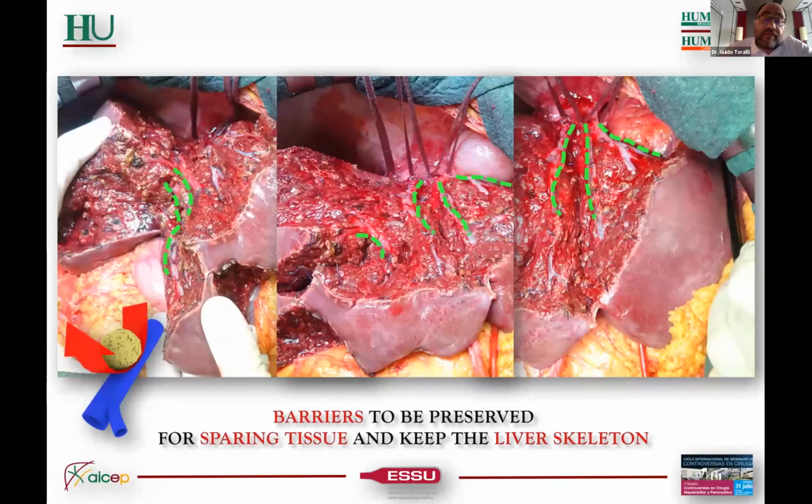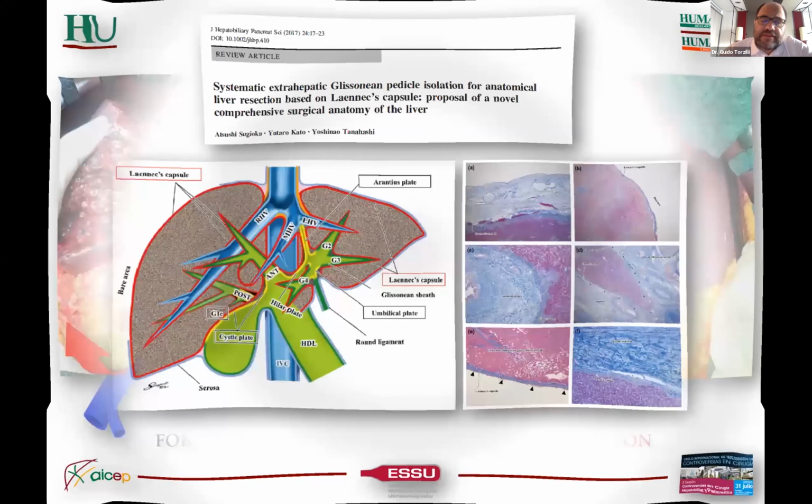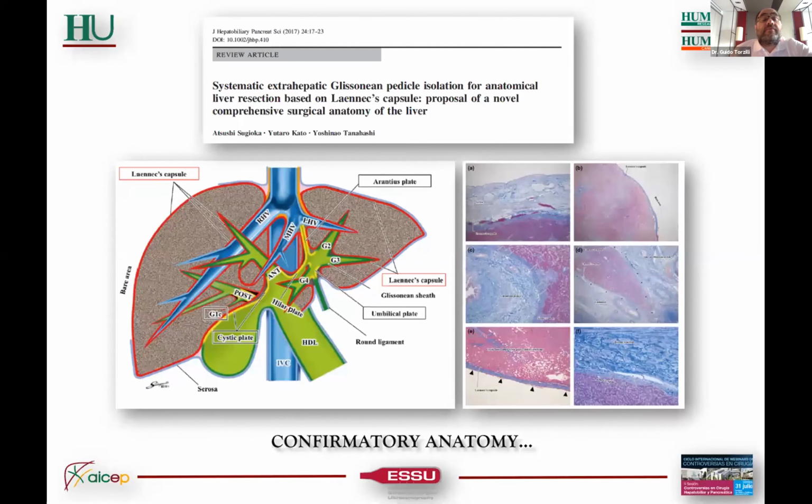In support of our hypothesis, a paper was recently published in the Journal of Hepatobiliary and Pancreatic Science in 2017 by Sujoka. He was proposing this paper just to sustain the Takasaki technique afforded by the laparoscopic approach. But in reality, it was introducing a concept which supports exactly the R1 vascular.